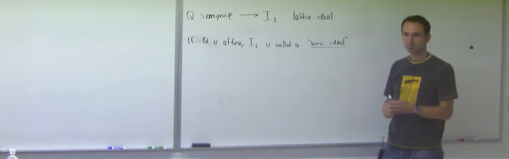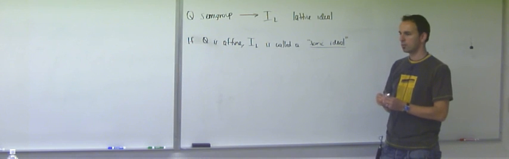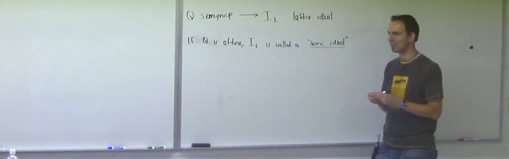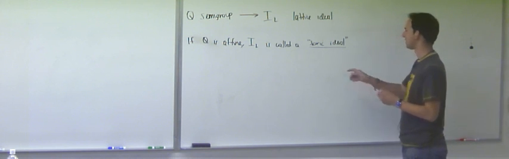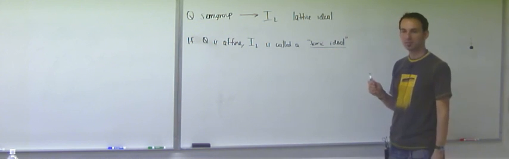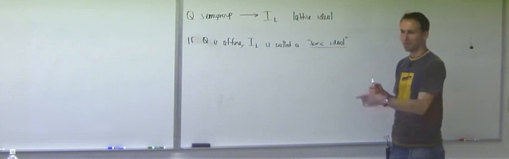Okay? So how does that relate to components? Why is it called a toric ideal? It's a longer answer than I want to give you right now. But there is some relation there. Yeah, a couple of chapters later.